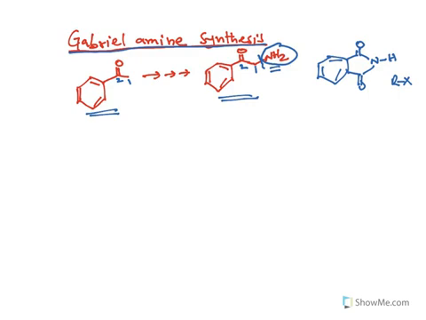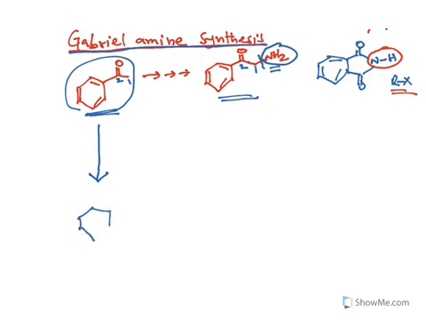We can generate it from the phthalimide. And then we need an alkyl halide. The alkyl halide, we can transform this ketone into an alkyl halide. So first of all, let us find out how we can transform it into an alkyl halide. So that means we want it to be in this format.